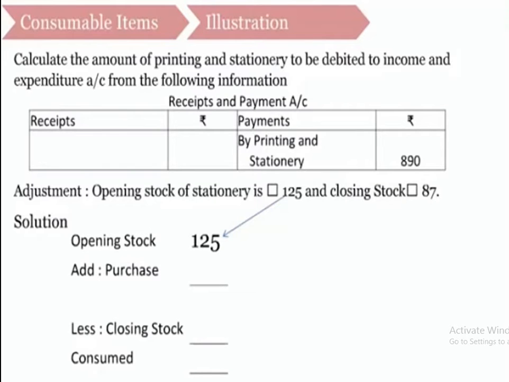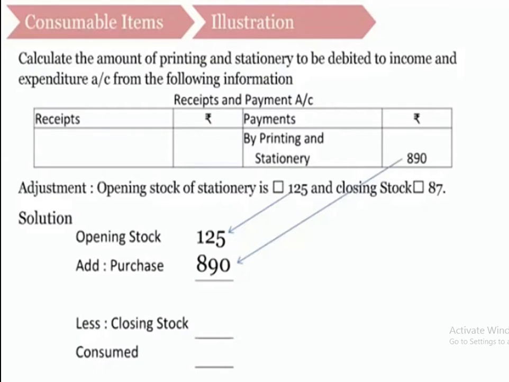The opening stock of stationery is given to you, 125. And the purchase can be taken from the receipts and payment account on the payment side.